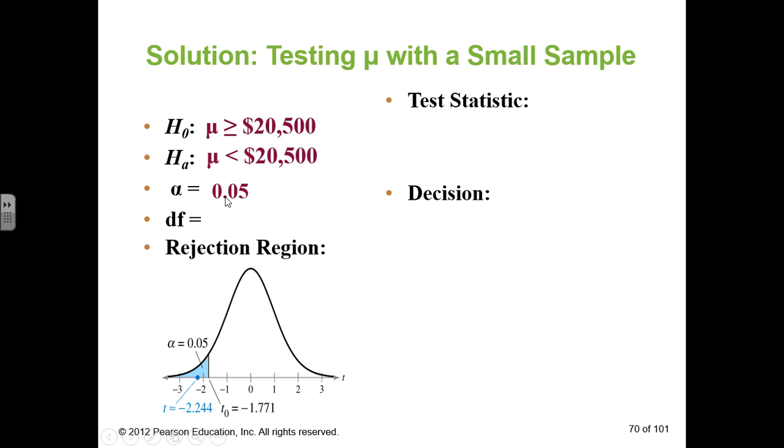We have a significance level of 0.05, and since our sample size was 14, degrees of freedom is 13. We use the t-distribution table for this is a one-tailed test, and we look along the top column to find alpha being 0.05. We see that value is 1.771, but because it's a left-tailed test, it's -1.771.